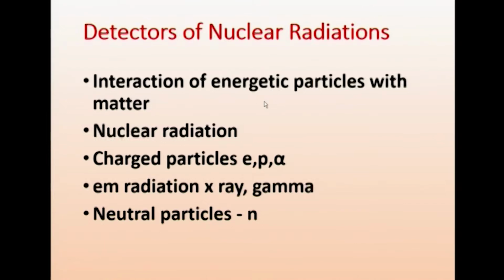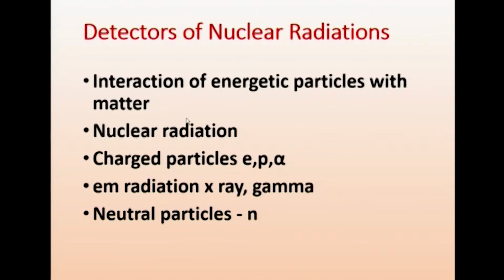When it enters our body, or strikes a metal, what happens? We should first know that, then accordingly we can make a detector for the purpose. We are talking about nuclear radiation, and alpha, beta, gamma, all of them are nuclear radiation. They can be charged particles: electron is a charged particle, negative charge; proton is a positive charge; alpha particle, all of them are charged particles.